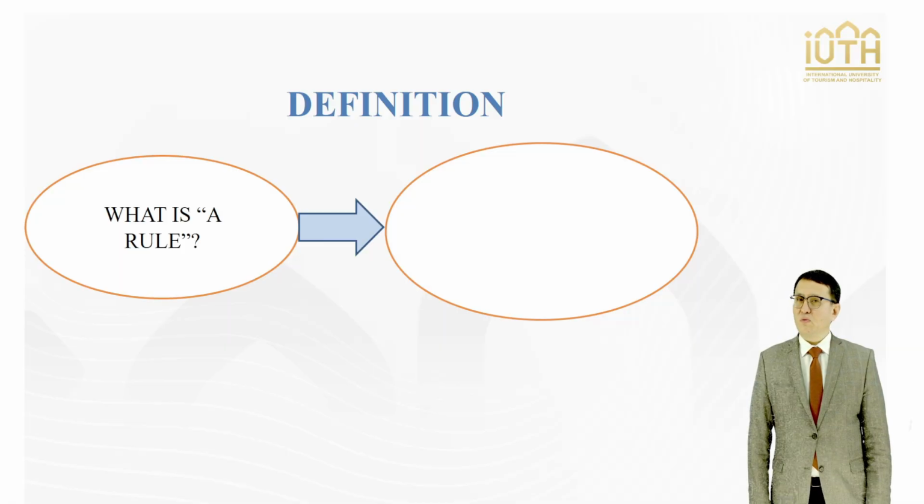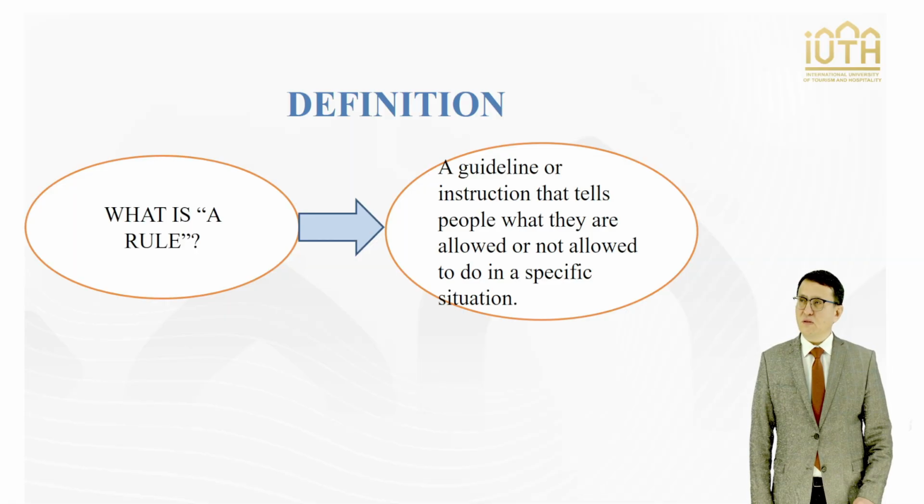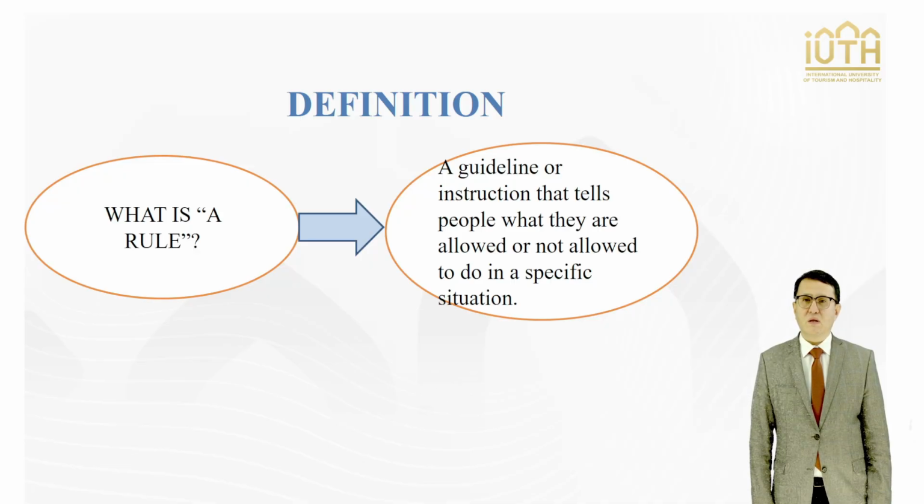What comes to your mind when you hear the word rule? Can you give a definition of the word custom? So now let's give a definition to the word rule. A rule is a guideline or instructions that tell people what they are allowed or not allowed to do in a specific situation.